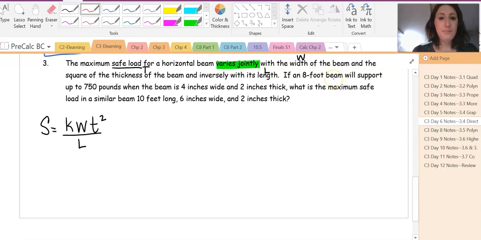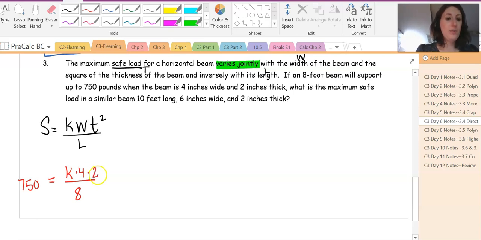8-foot beam. So an 8-foot beam, that would be the length. Will support up to 750 pounds. That's your safe load. There's a k up here. When the beam is 4 inches wide, that's W, 2 inches thick.